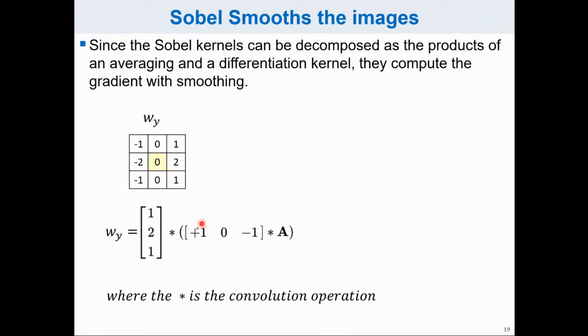But why do we want to do that? Because we just want to say that the Sobel is a combination of an averaging and a differentiation kernel. This is the differentiation kernel that you're familiar with, +1, 0, -1. So it's just going from one value over the pixel of interest to the other one, and it sums to 0. And then this is basically the smoothing or averaging filter.